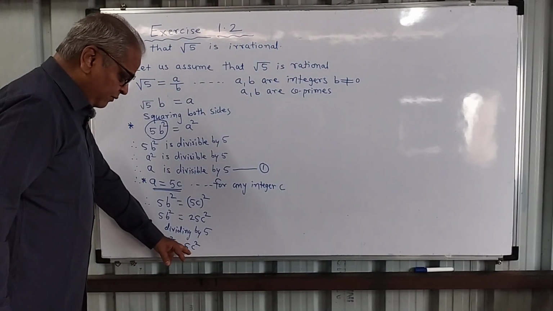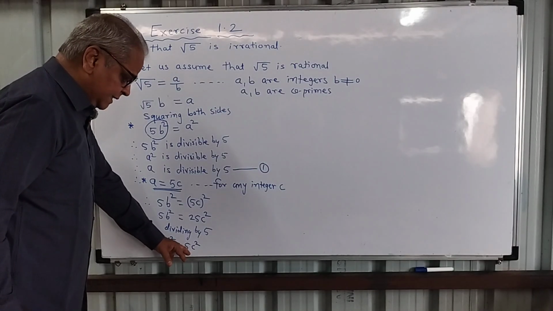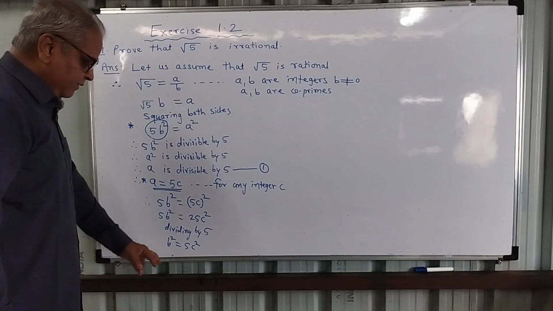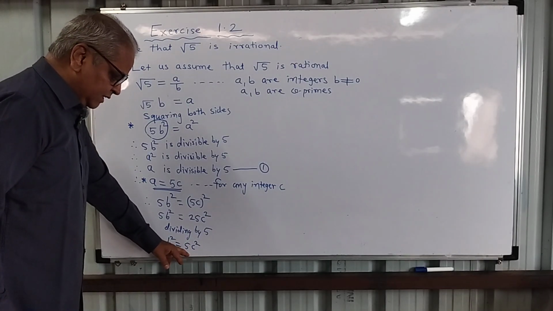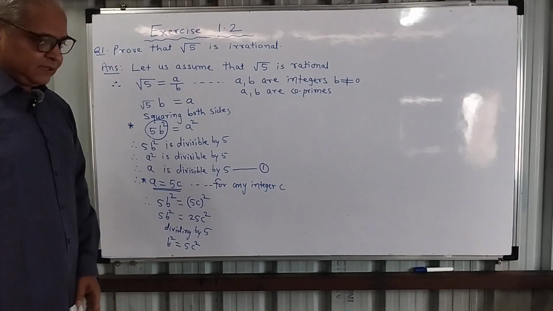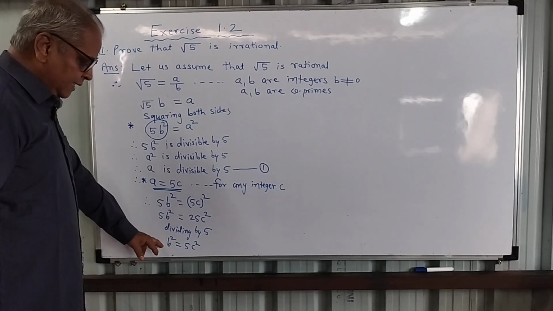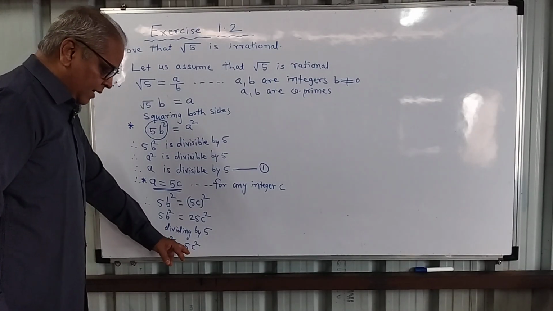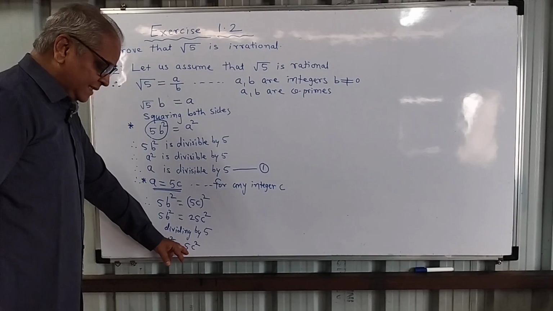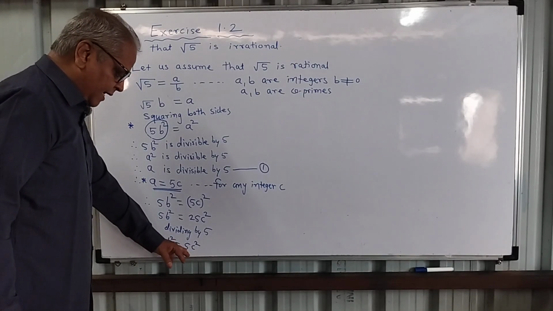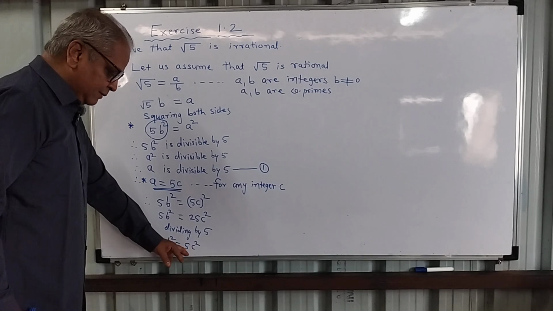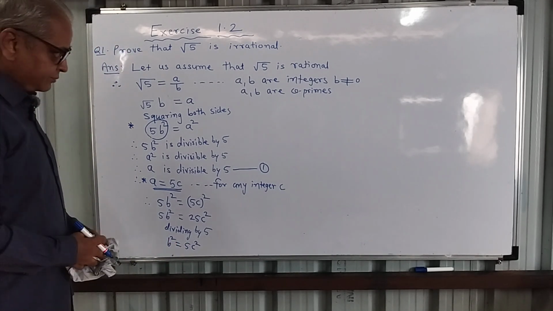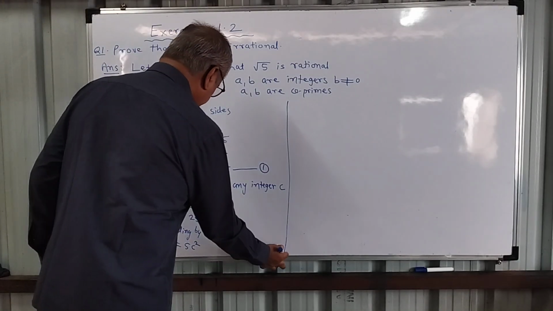That means 5c square, which is RHS, is divisible by 5, because 5 into c square, that means 5c square is divisible by 5, and as 5c square is divisible by 5, b square is also divisible by 5. बघा RHS आणि LHS कडे दोन्ही बाजूंना 5 ने डिवाइड होणार, कारण RHS ला 5 ने डिवाइड करू शकतो आपण. 5c square आहे RHS ला. So 5c square is divisible by 5. Therefore b square is also divisible by 5. And then we can write b is also divisible by 5.